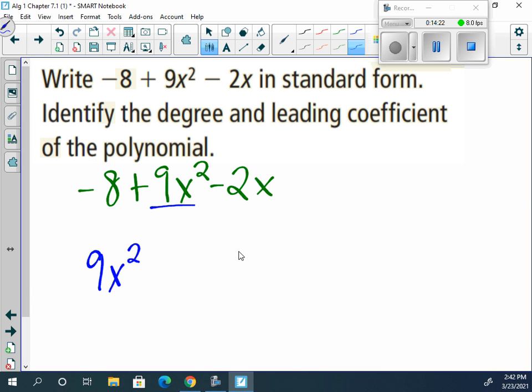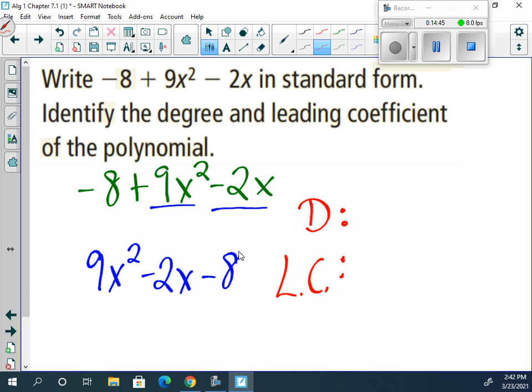And then what? Negative 2x, because we'll take the sign with it. And then negative 8. So in standard form, this is 9x squared minus 2x minus 8.